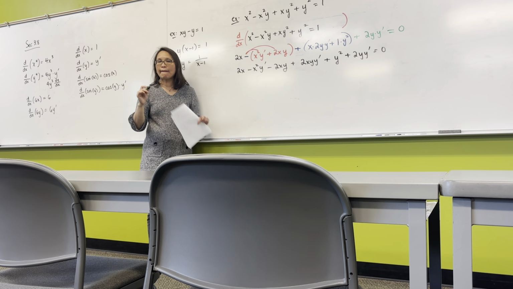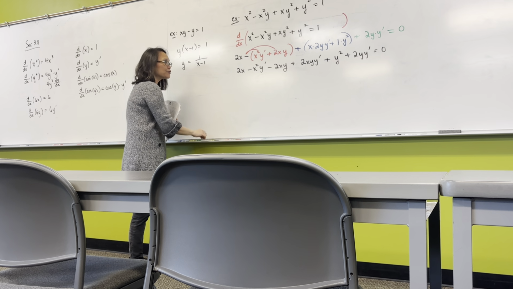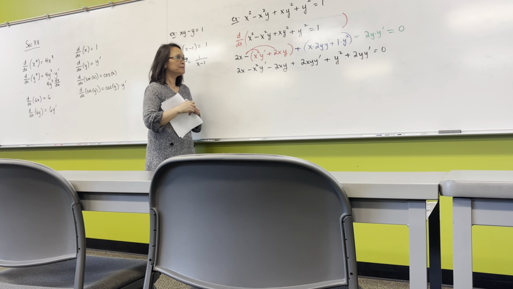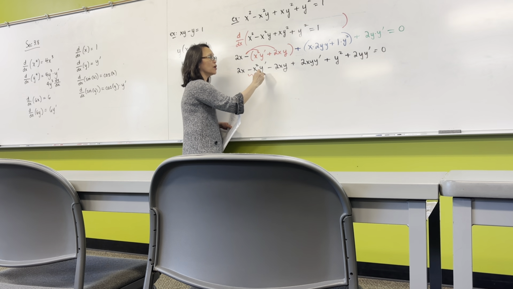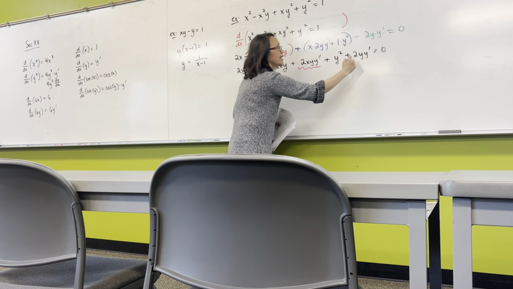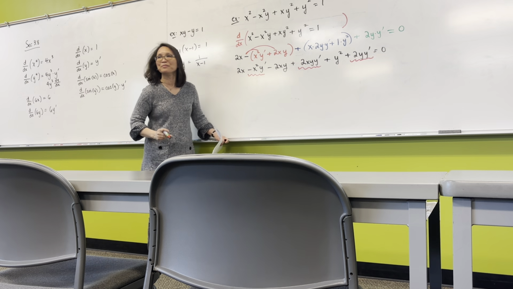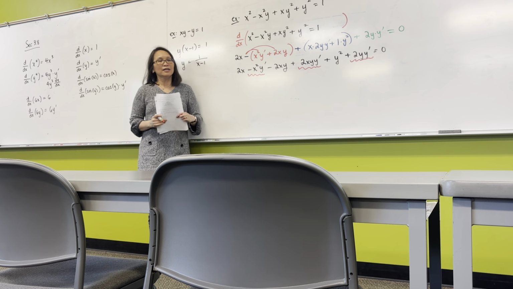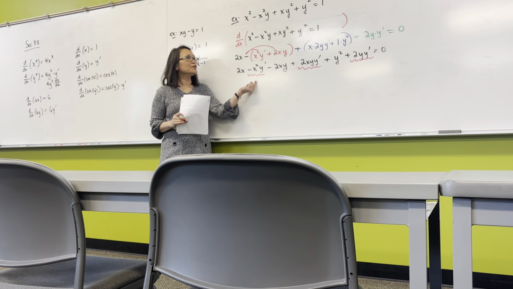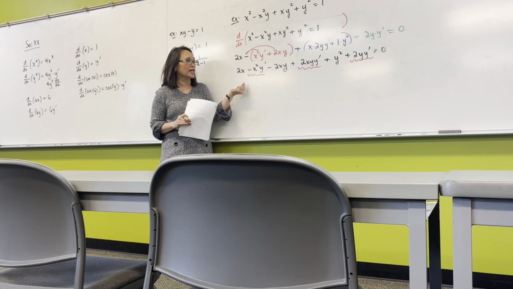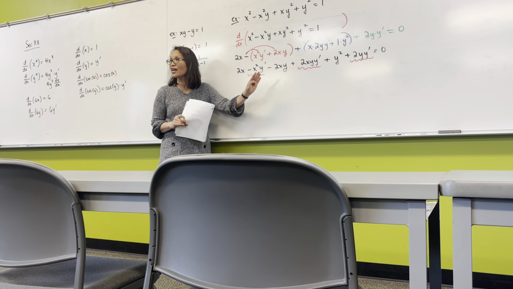Everyone's okay? So if you're trying to solve for y prime, you want to find all the terms that have a y prime in them, okay? To get the y prime by itself, you need to have all the terms with y prime in them on the same side of the equal sign and everything else on the other side.